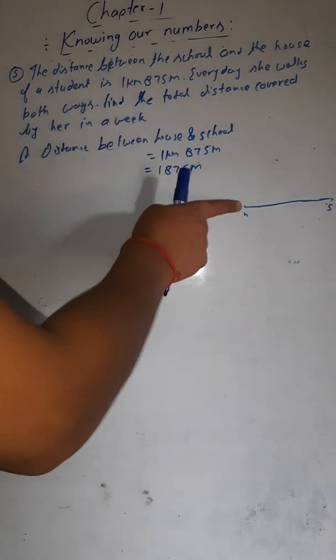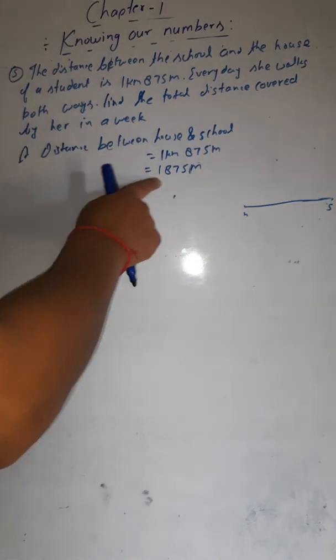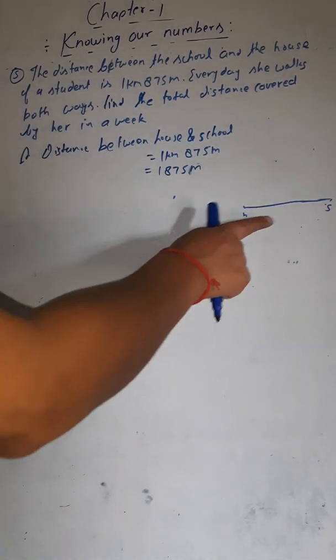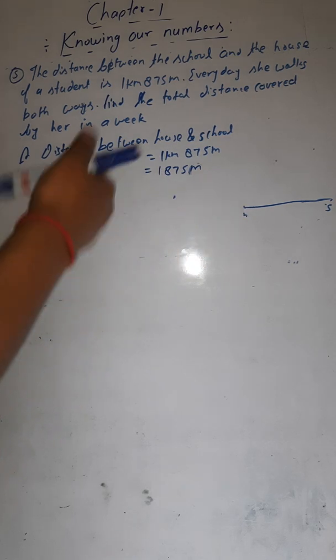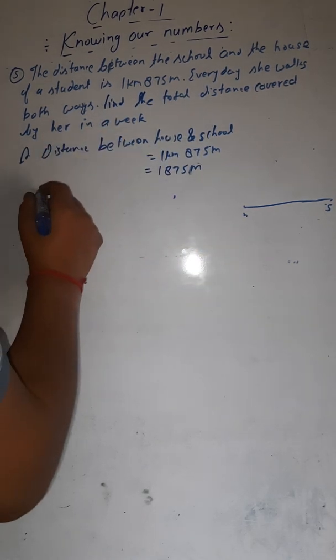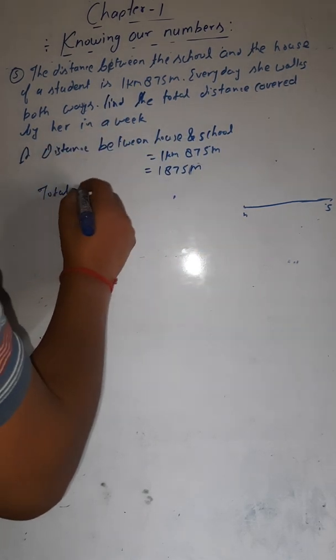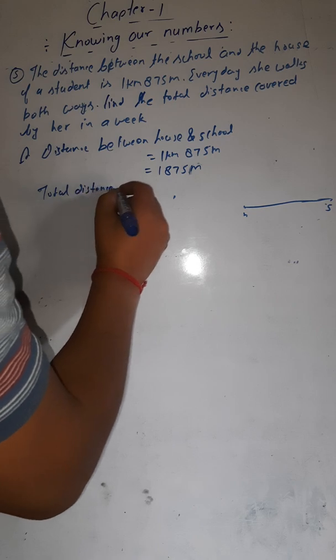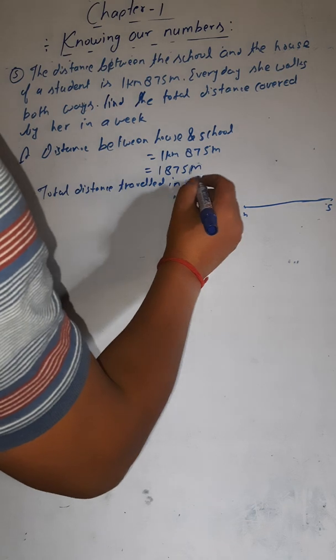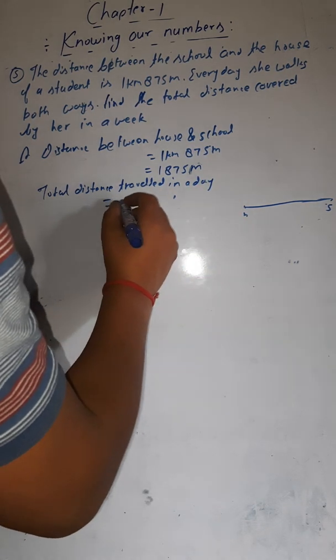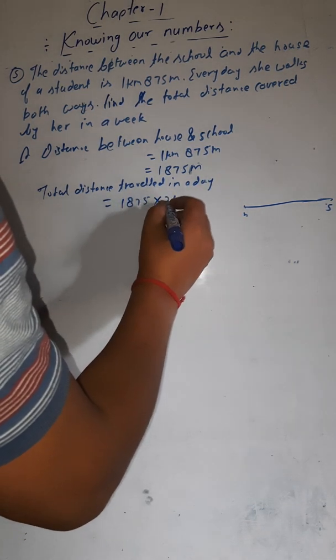Now when in the morning she will go from house to school, she will travel this much distance. Then again she will come back, so the same distance again she is going to travel. So now you will find the total distance traveled in a day, which will be equal to 1875 multiplied by 2.